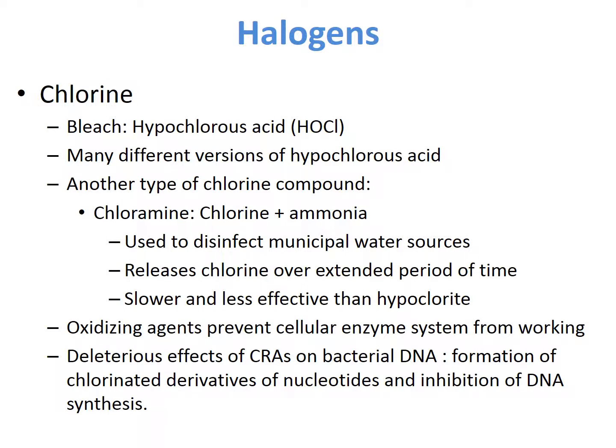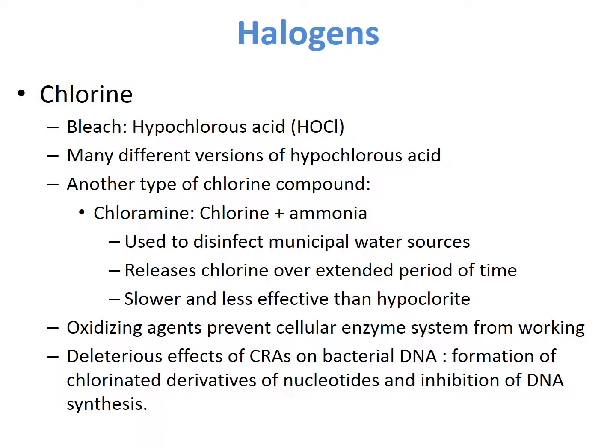Chlorine bleach is a very commonly used disinfectant, and as you now know, it's also sometimes used as an antiseptic. The active ingredient in chlorine bleach is hypochlorous acid, and there are lots of different versions of hypochlorous acid. Okay? What hypochlorous acid does is it acts as an oxidizing agent, and it inhibits the activity of enzyme systems in cells.